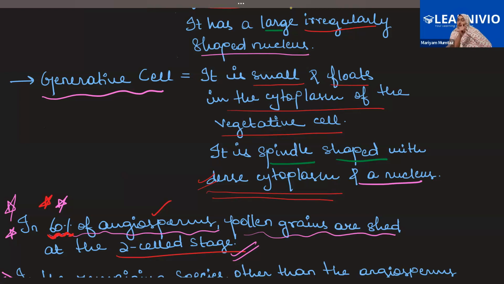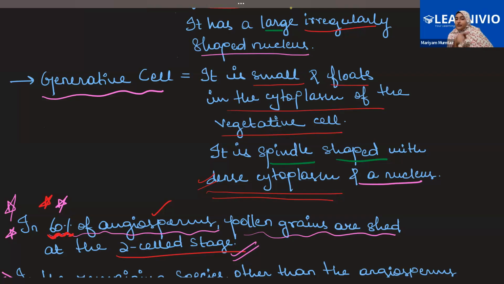Right now we saw the pollen grain, right? So if I ask, how many cells are present in the pollen grain, what would you tell me? Number of cells? Multiple cells. What is the number? Not 23, I'm not talking about chromosomes.